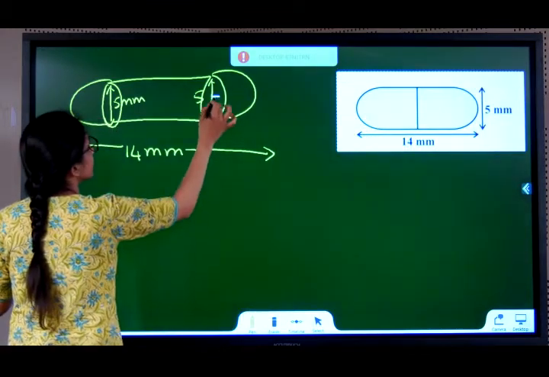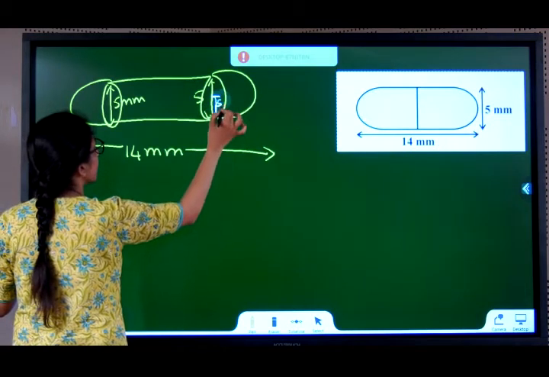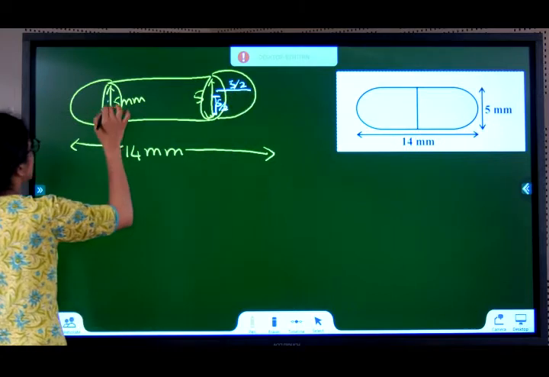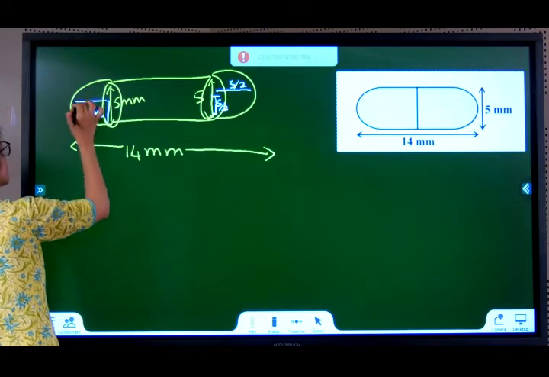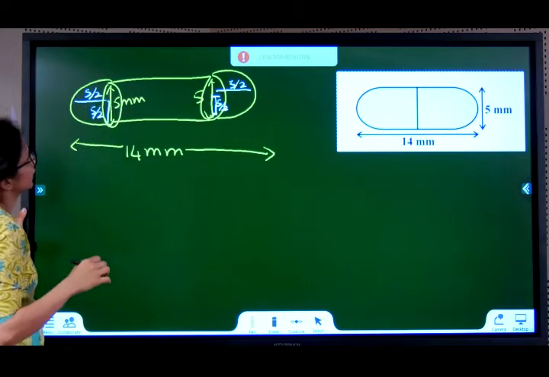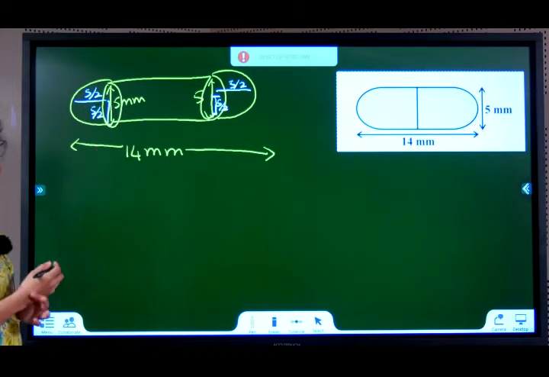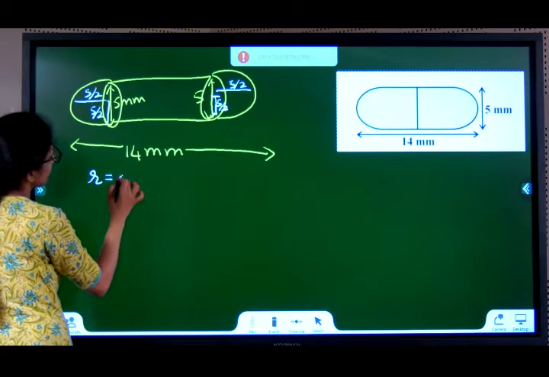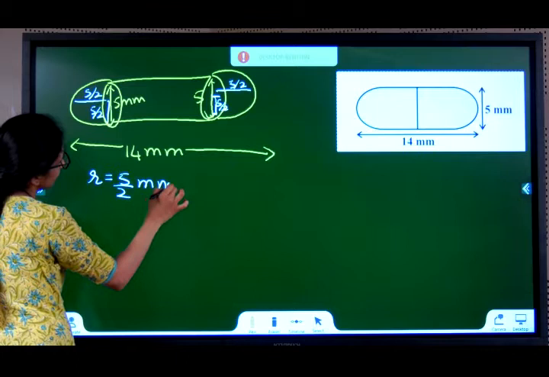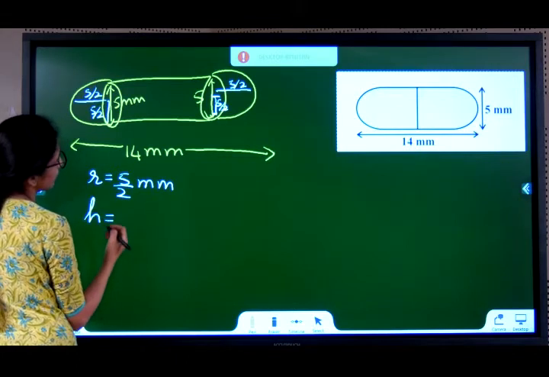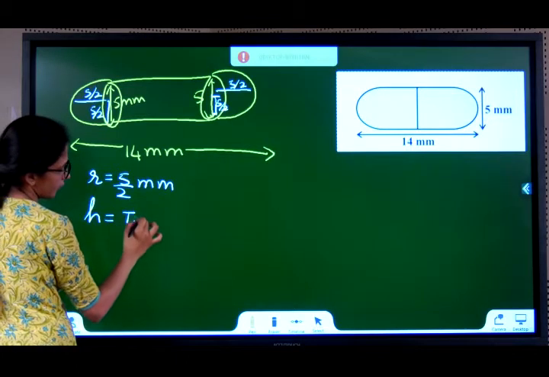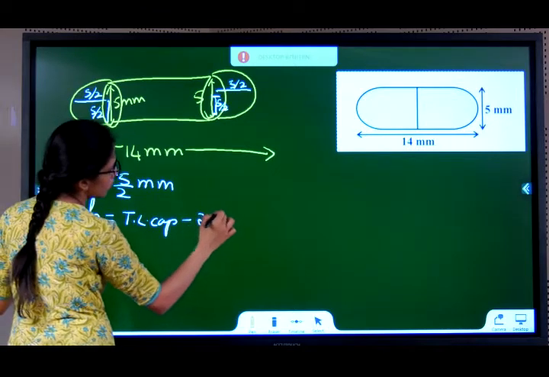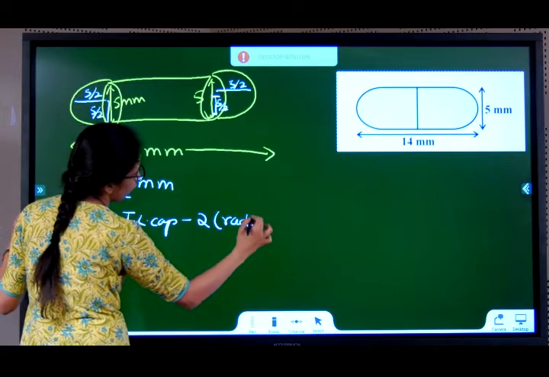So what will be radius? 5 by 2. This will also be 5 by 2. Can I find the height of the cylinder? Yes, easy. First of all, radius is 5 by 2 millimeter. Height of cylinder is nothing but total length of capsule minus 2 times radius of hemisphere.